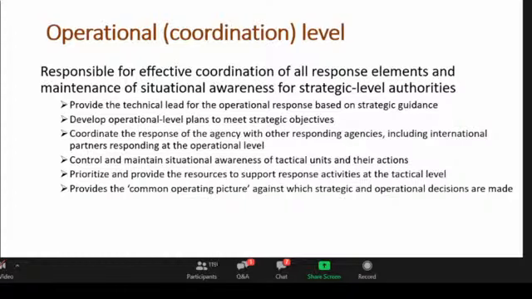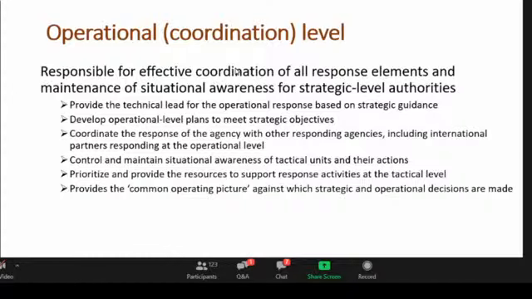That is, how to provide the technical lead for the operational response based on the strategic guidance developed at the upper level, and develop the operational level plans to meet the strategic objectives. The example we see is the strategic plan, and then each country, or each WHO office, will develop accordingly the plan at the operational level.